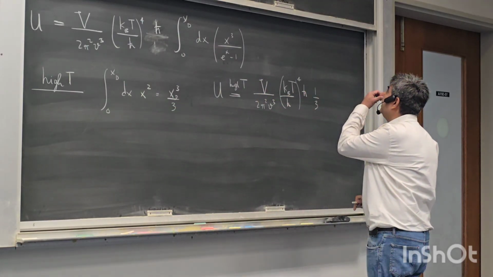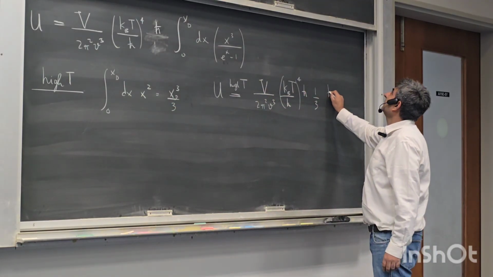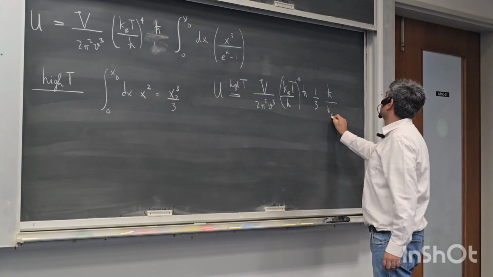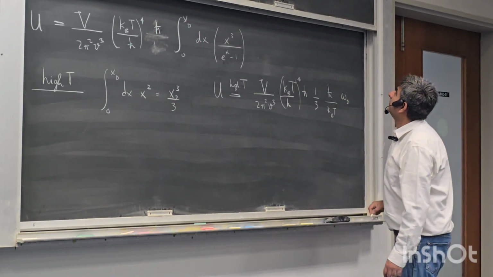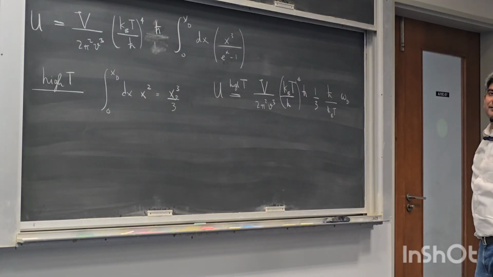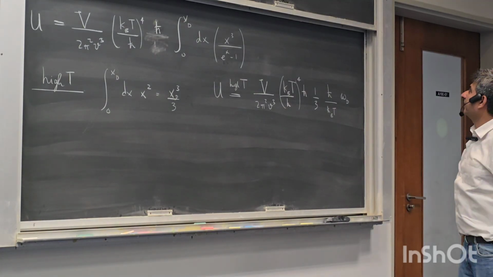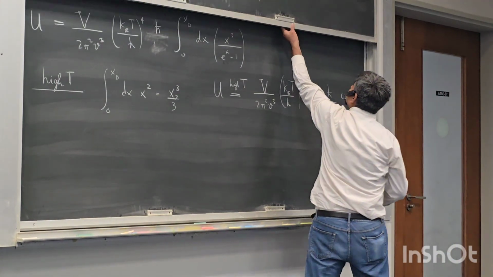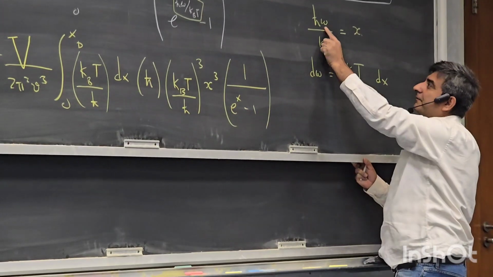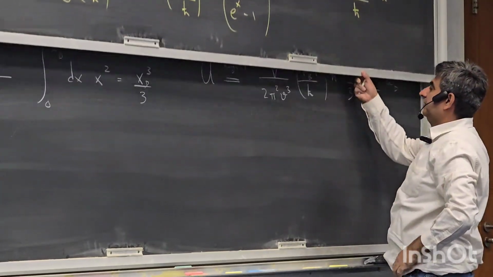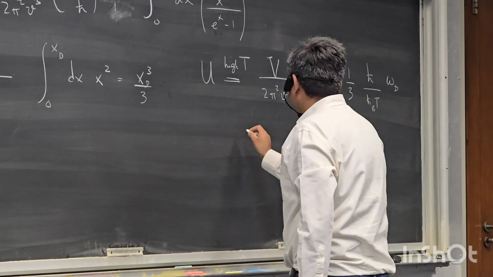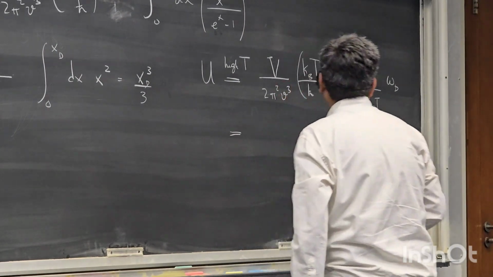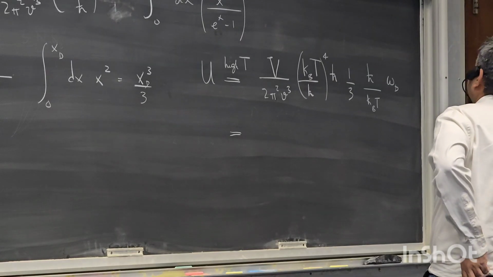So xd is h bar omega d over kBT, which we have already found. So I just use this expression, replace omega with omega d, and I'll get xd. So I just need to simplify this a little bit and the result will be really nice. So let's go through this ordeal of simplifying all of this.